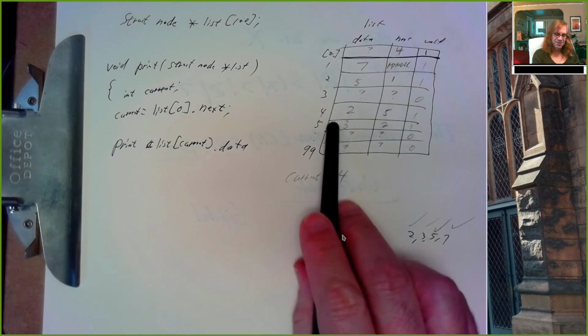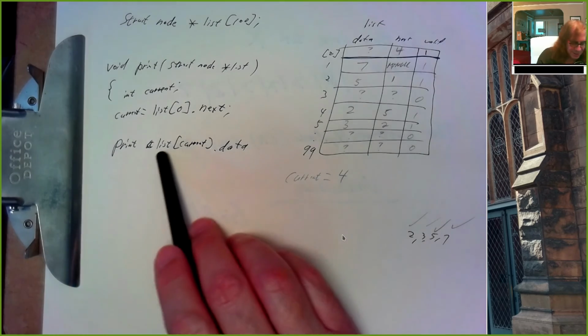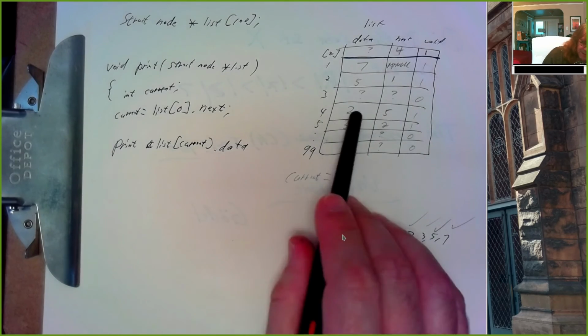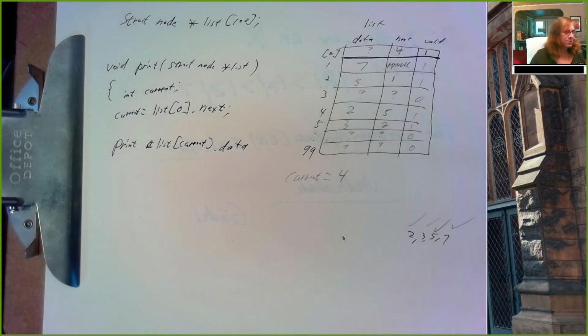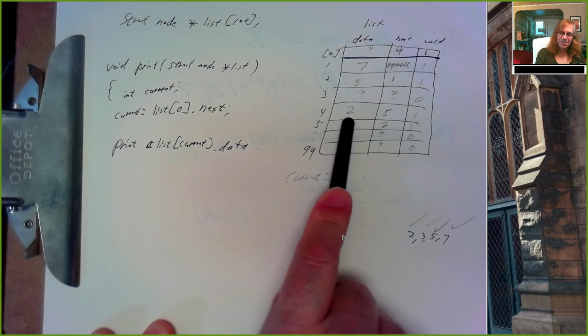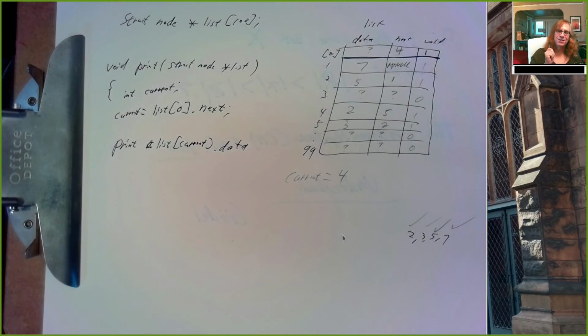Since current is the index of the first node, if I look at list bracket current dot data, that's the data value of the first node. So I want to print that. Alright, here's the magic. Given that current is the index of my first node, how do I find the index of the second node? The node that comes after current.